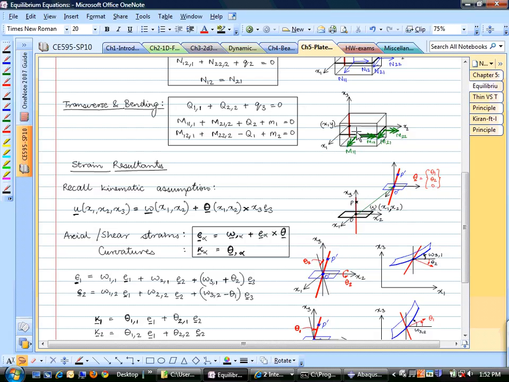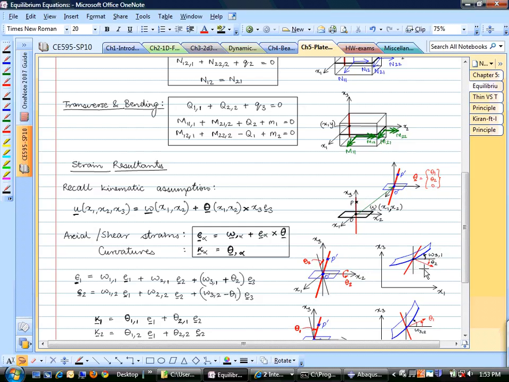This term W1 comma 1, that is the extension in this direction. W2 comma 1, that is the shear strain in this direction. W3 comma 1, that is the shear strain right here. So this W3 comma 1 measures the rotation of this centroidal axis.